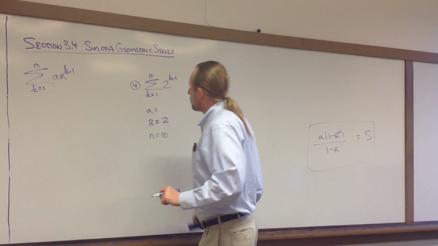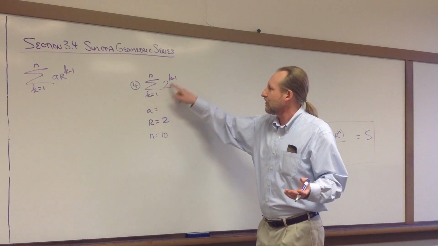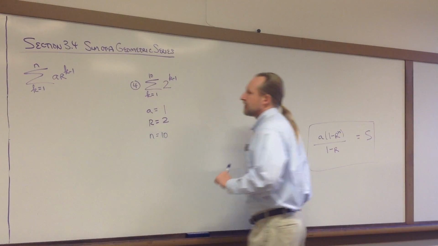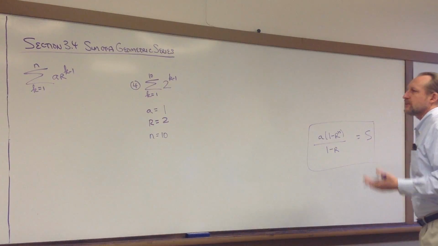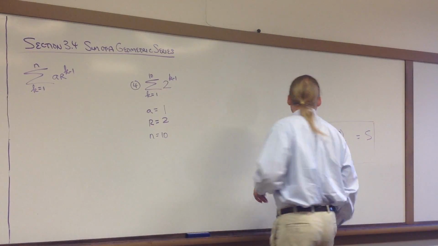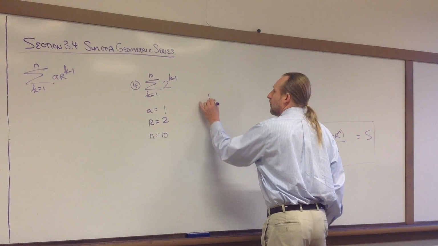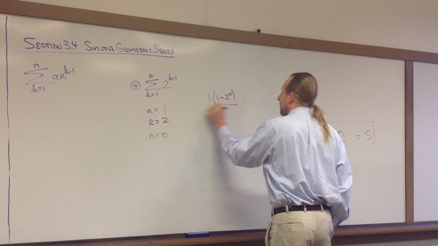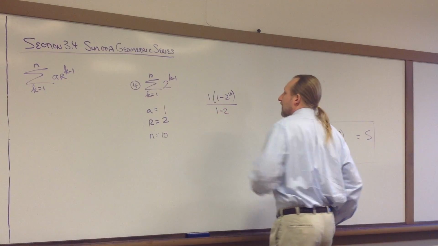The way you can double check, what's the first term? Plug in 1 for k, all right? And then you can calculate what the first term is. So in this case, it'll be 2 to the 0 power, which is 1. All right. So now we want our formula. 1 times 1 minus 2 to the 10th power over 1 minus 2.